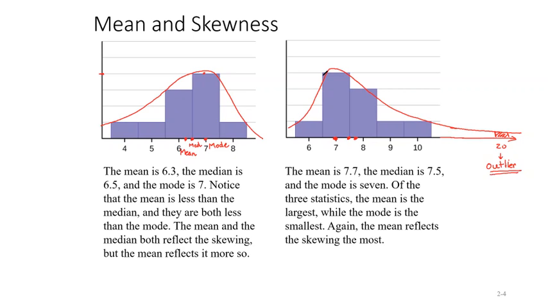But anyway, a value that is extreme will have a great effect, especially on the mean. The mean will be the one that's affected the most. And actually, that's how distributions become skewed, because there is a possibility that there are outliers that will pull that tail toward one direction or the other.